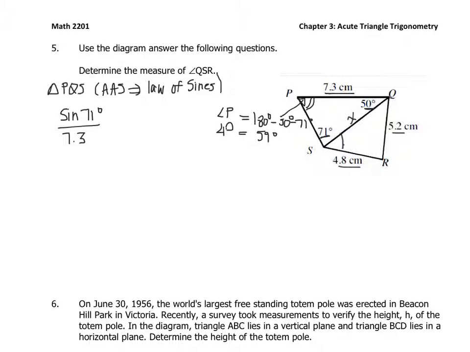So if we come back over here then, okay, angle P is 59 degrees, so then we can use sine of 59 degrees over the side that we want, which is x. Now that we've got that, we can cross multiply.